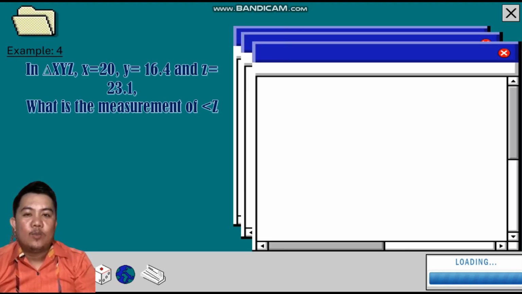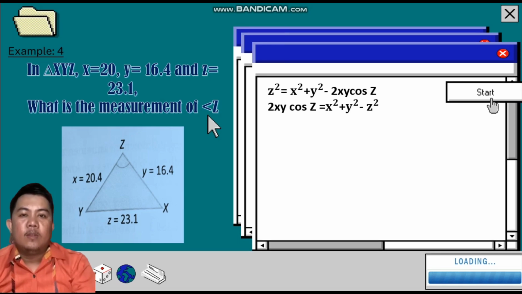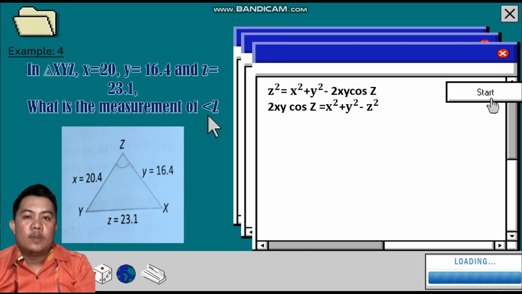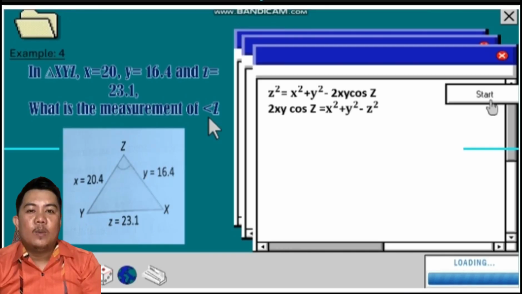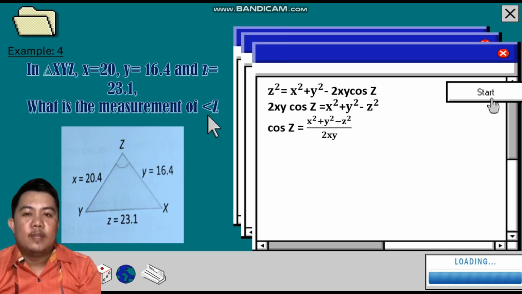Okay, so now, let's proceed to another example so that we can understand deeply in this topic. In triangle XYG, x is equal to 20, y is equal to 16.4, and g is equal to 23.1. What is the measurement of angle G? So then, g squared is equal to x squared plus y squared minus 2xy cos g. Then, 2xy cos g is equal to x squared plus y squared minus g squared. Then, rearrange. So, cos g is equal to x squared plus y squared minus g squared over 2xy.